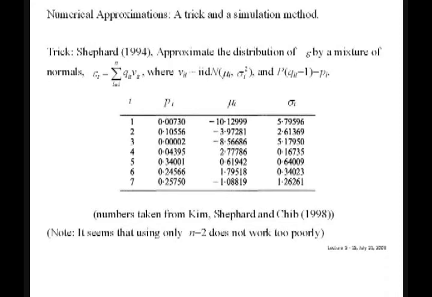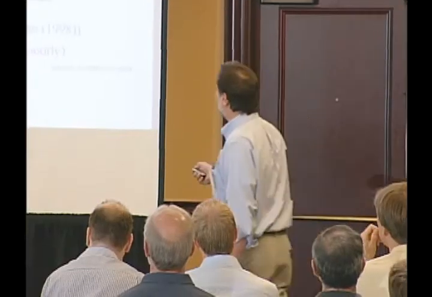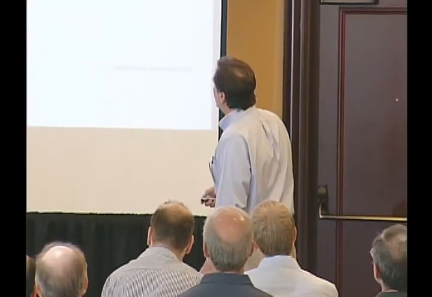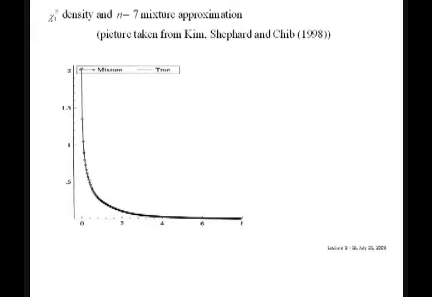Anyway, here's 7. I'll show you the log chi-square density and the approximation. Again, this is stolen from their paper. And here it is. You can see that they look the same.